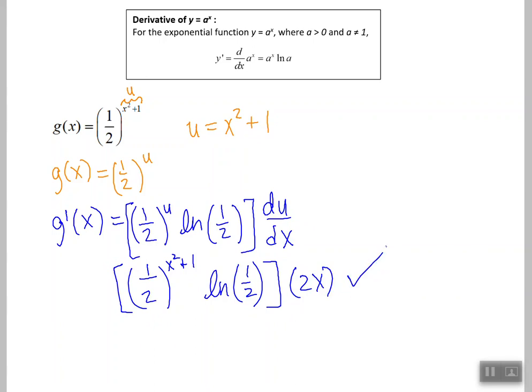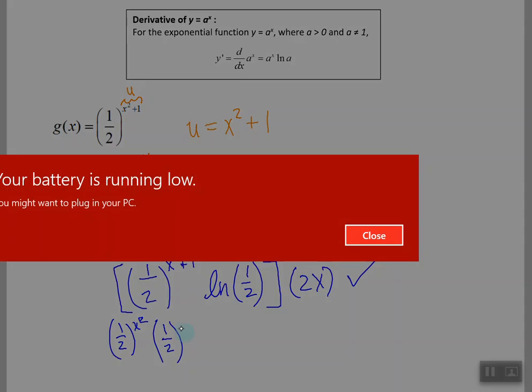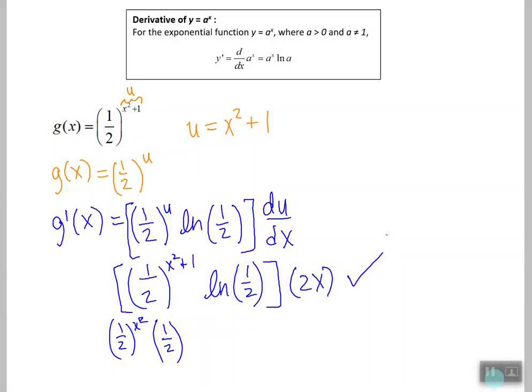Now again, we want to remember that there's some cleaning up we can do. So let's try. 1/2 to the x squared plus 1 can also be written as 1/2 to the x squared times 1/2 to the 1, because when we multiply, we add the exponents. Natural log of 1/2 can be written as natural log of 2 to the negative 1, and then of course we have 2x. Well, why was this helpful?